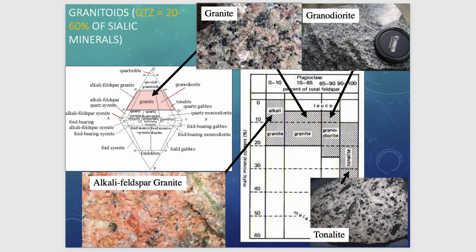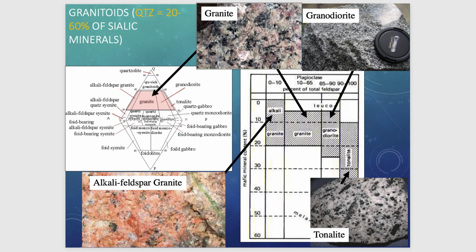Some more in-depth examples here. We are starting to look at the textures of the rocks. So you have some pictures here that illustrate some of the points I was trying to make about granites and granodiorites. If we look at this picture here, this is an alkali feldspar granite.